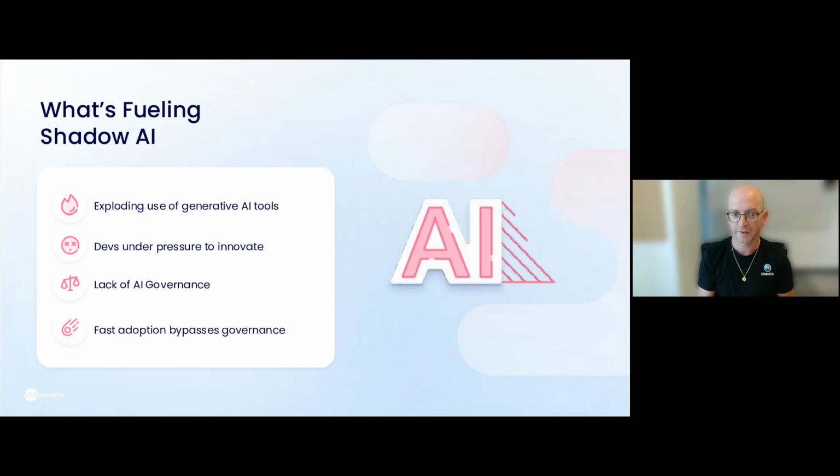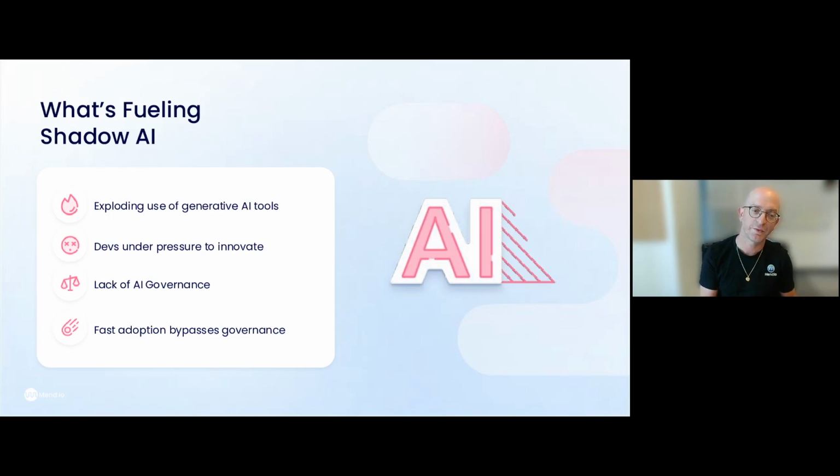Another factor that fuels this is the fact that developers are under pressure to innovate, and in order to do that, they can do it either by using generative AI tools or by using AI to develop their solutions. And we see more and more of this. Next, there is lack of AI governance, which results in the fact that developers are using those mostly with no control.